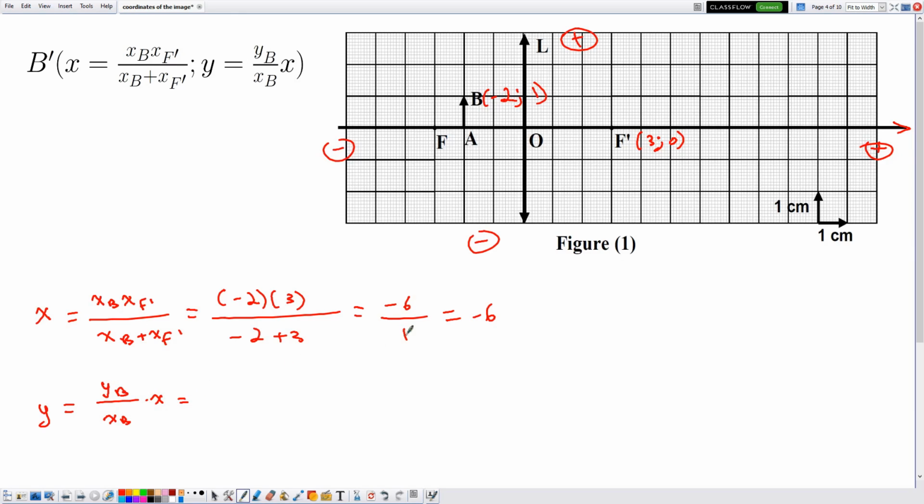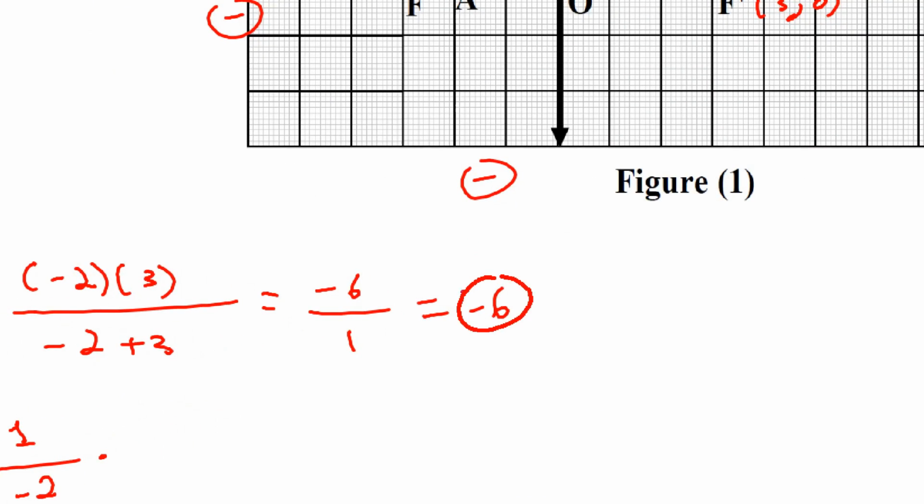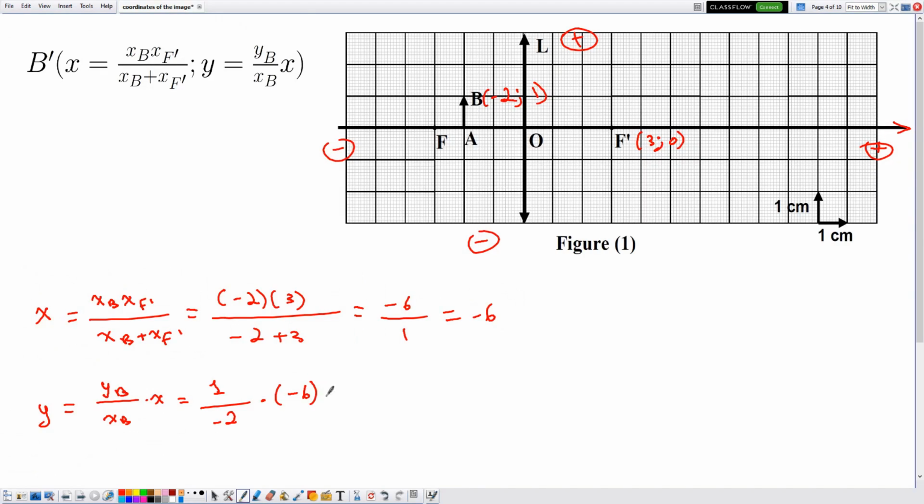The value of yB is given by 1, the value of xB is given by -2, multiplied by the value of x, which we have already calculated, which is -6. So this will give us -6 divided by -2, which is equal to 3. So the value of y is equal to 3, and the value of x is equal to -6. So the coordinates of the point B' is given by -6 and 3.